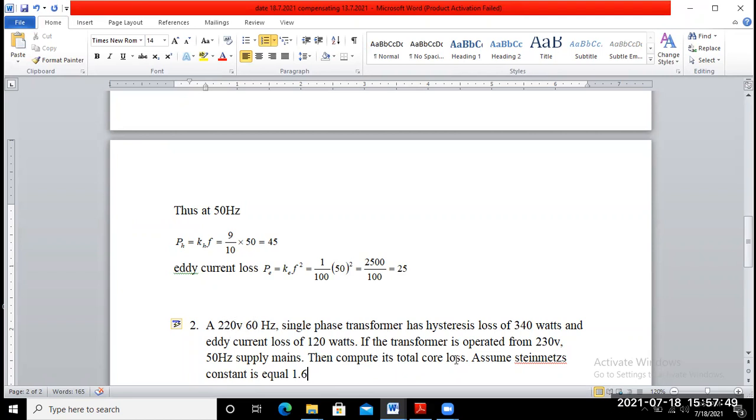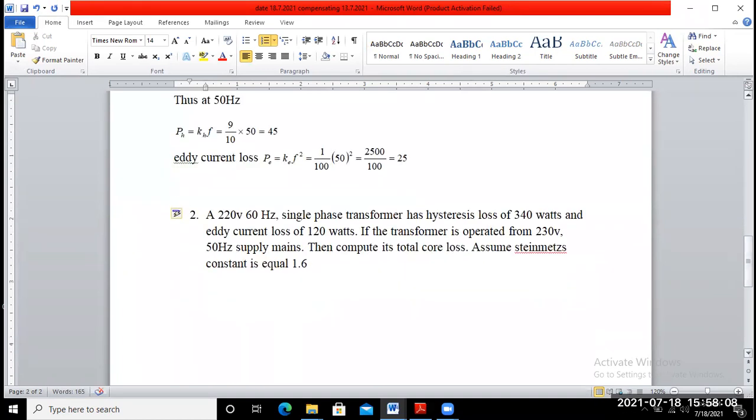If the transformer operates at 230 volt, 50 hertz instead, find the hysteresis and eddy current loss, or the total core loss. There is a relation between core loss, hysteresis loss and eddy current loss, so try to write the relation in those terms.